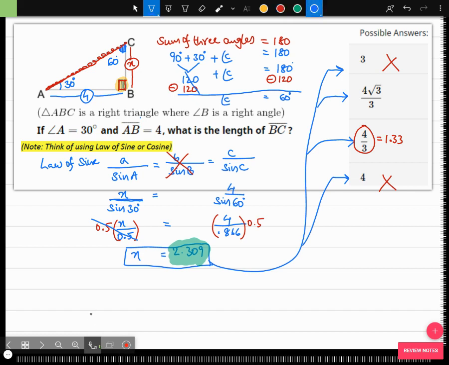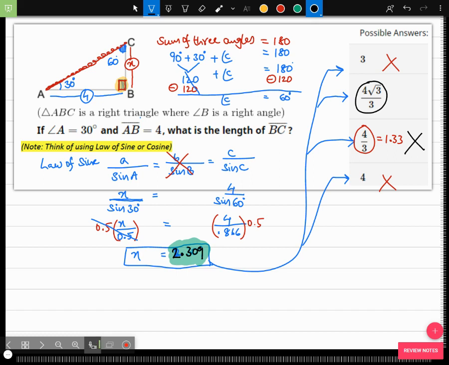Again, I'm repeating. I ended up with the value of x equals 2.309, my bad. So it's not 1.33, not even this one. So you may check this one. Let me make use of my calculator: 4 root 3, divided by 3.